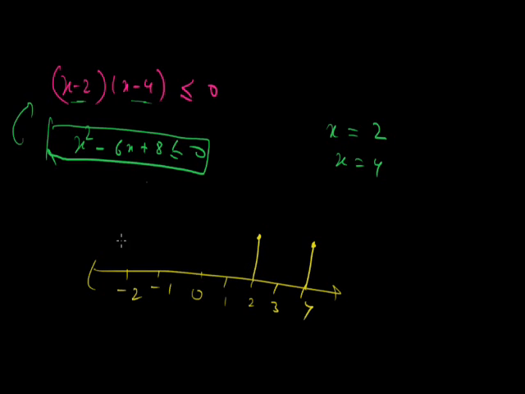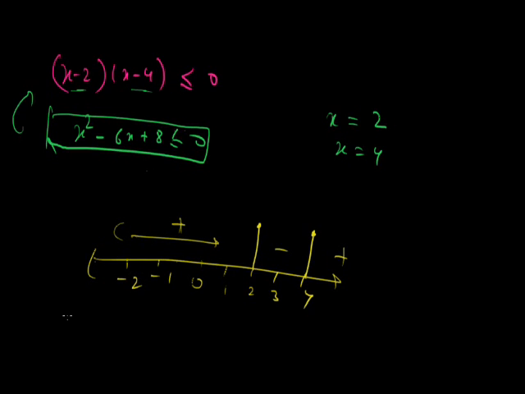So obviously values less than 2 will give positive. This is negative, then positive. So remember, every time we start from the back end, that is from the left hand side, we start marking positive, then negative, then positive. So remember this. Because we have the range of less than 0, we are talking about the negative part.